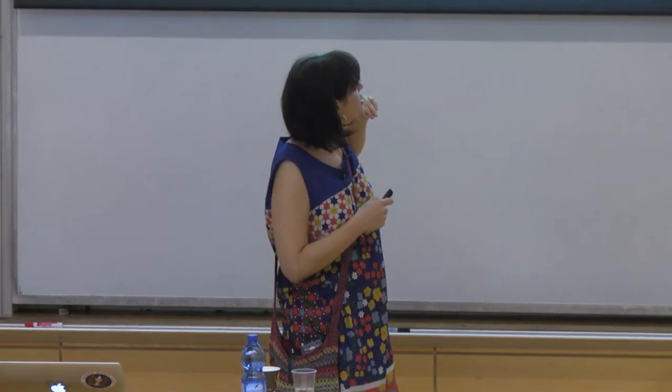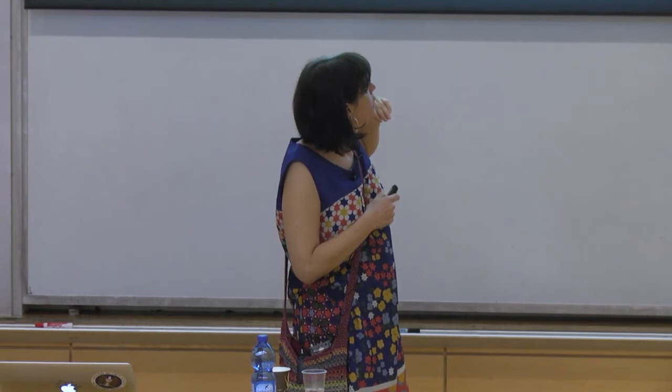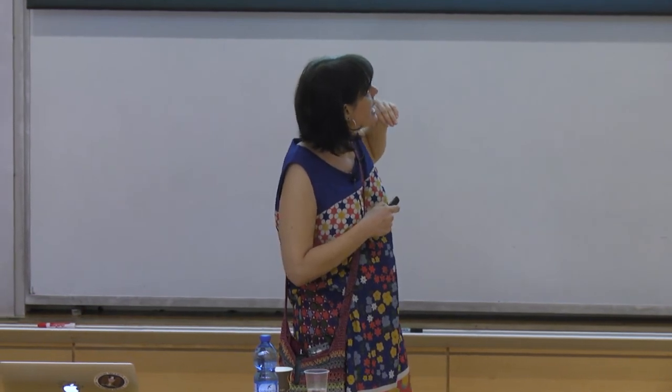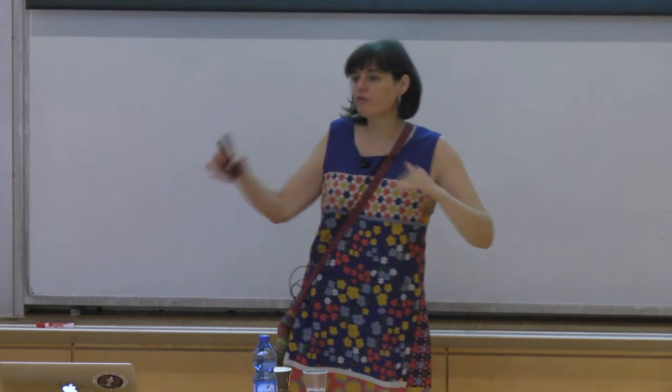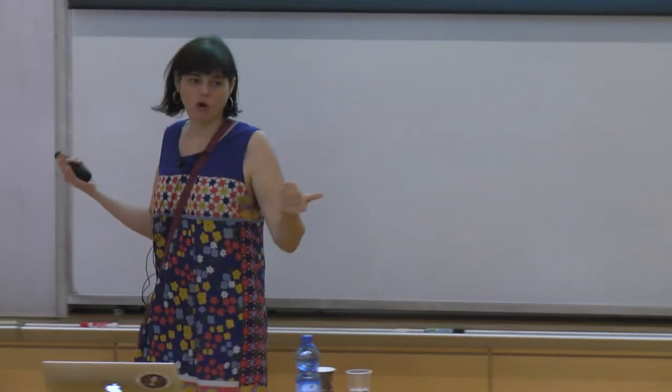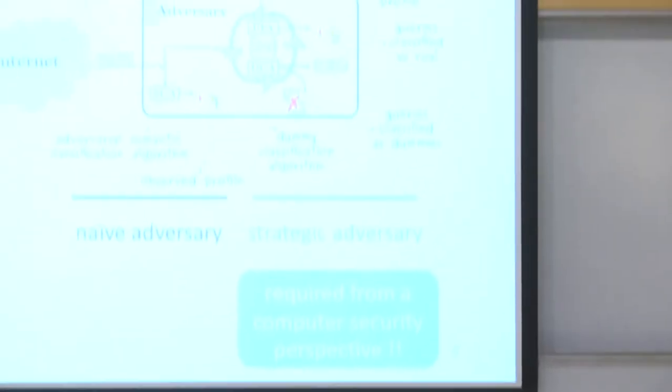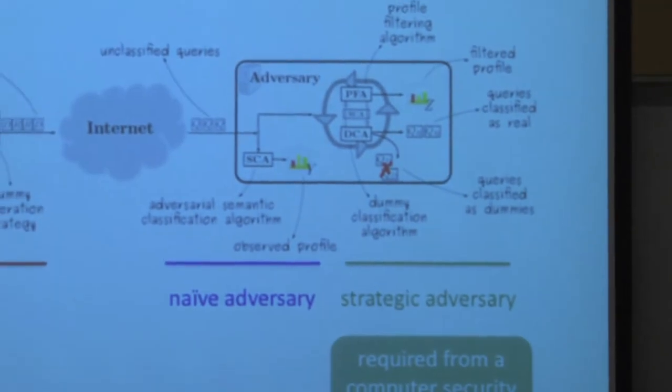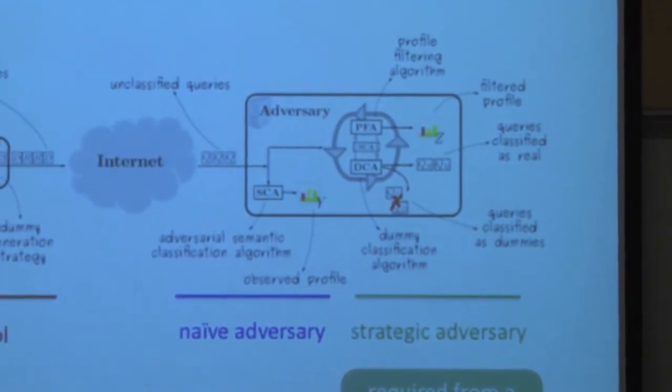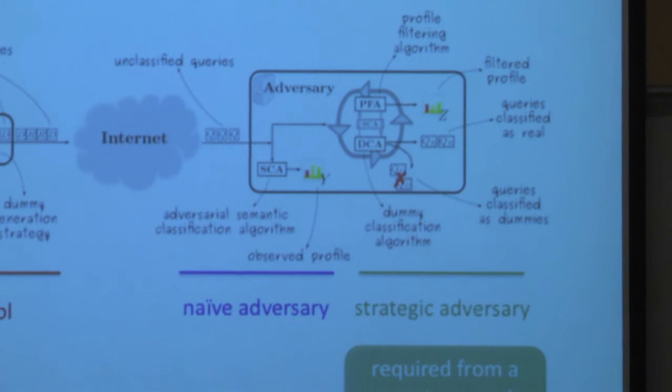The adversary is looking at queries and trying to distinguish fake from real based on features. For example, one of the tools, TrackMeNot, was vulnerable to certain attacks looking at cookies and headers, because the cookie was only being sent with the dummy queries but not with the real queries.